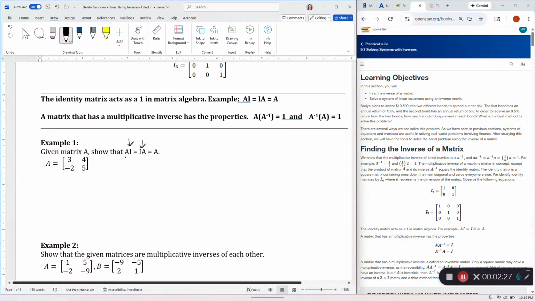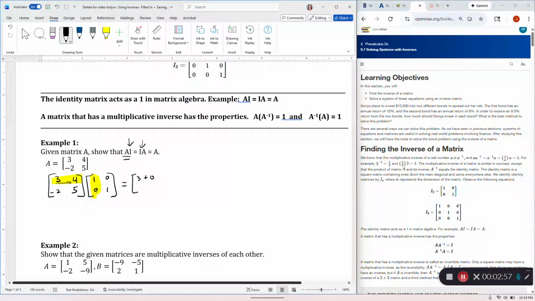So let's do this math. If I have the matrix 3, 4, -2, 5, and I multiply it by the identity, remember multiplication, rows, columns. So it's 3 times 1 plus 4 times 0, row times column, and we keep doing that.